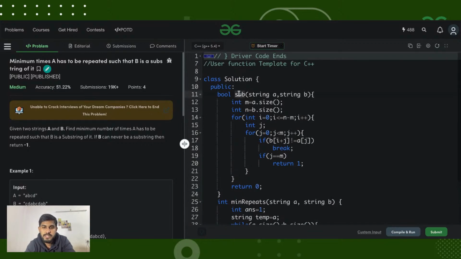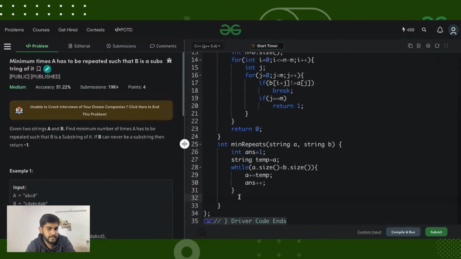So this is sub a comma b. Okay, so if sub of b comma a, if sub of b and then temp, return the value of answer itself. Return the value of answer itself.